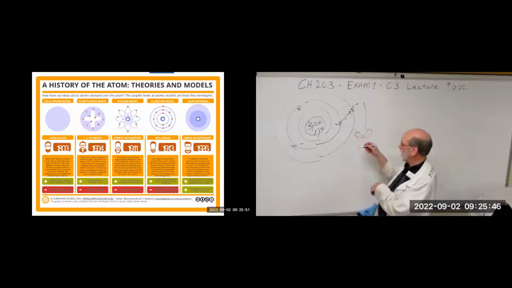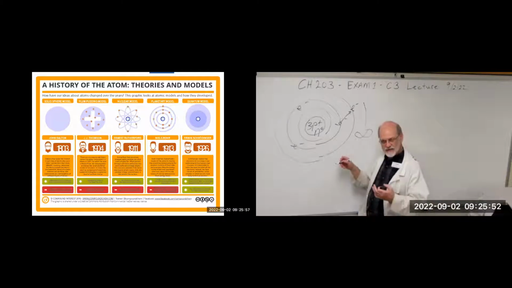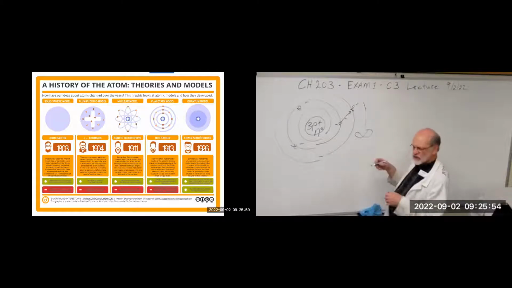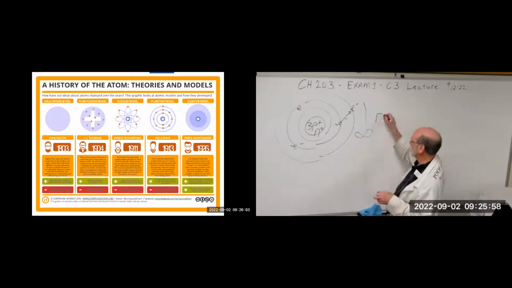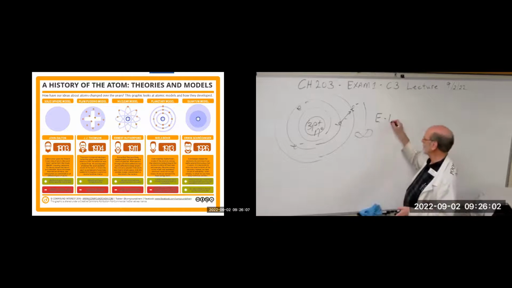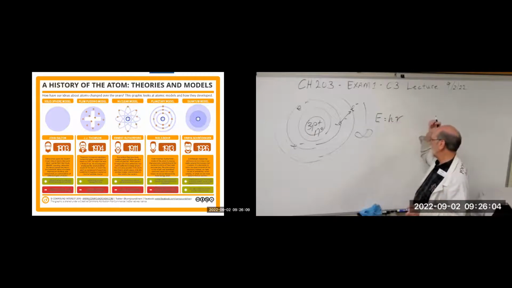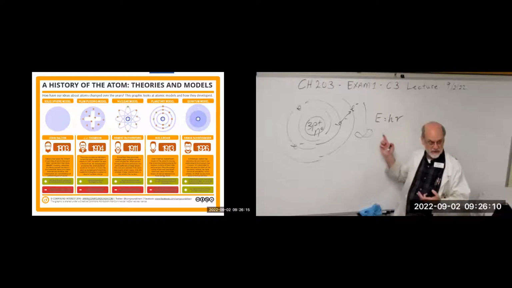Okay, and very often that's in terms of light, and it had to be exactly the right amount of energy. And I'm going to use an abbreviation here that we haven't described, but I'll explain it to you. Energy, obviously, is E, and that's h nu. This is a Greek letter nu, and nu stands for frequency.